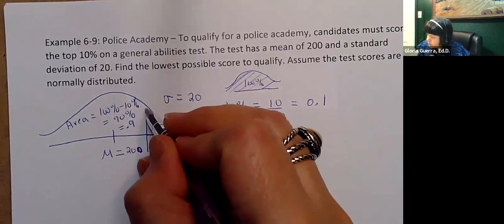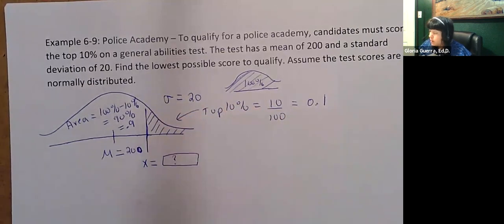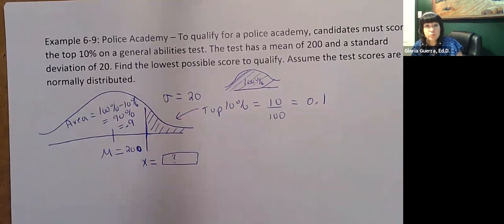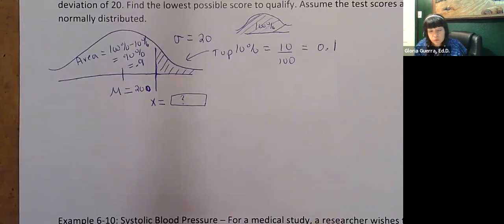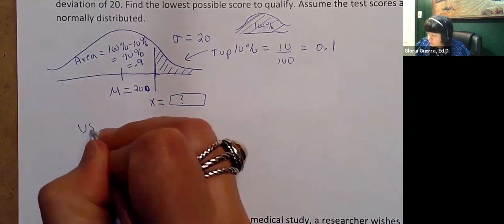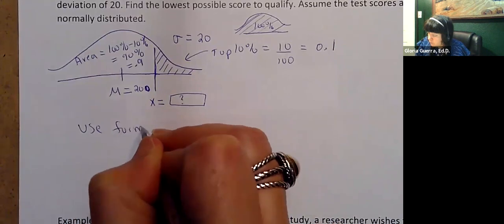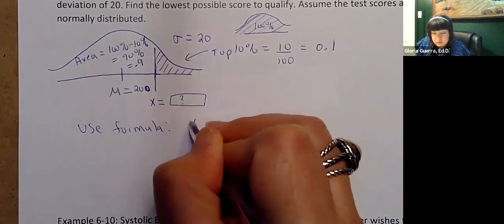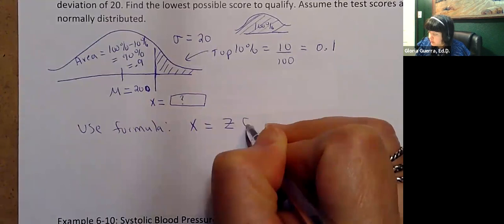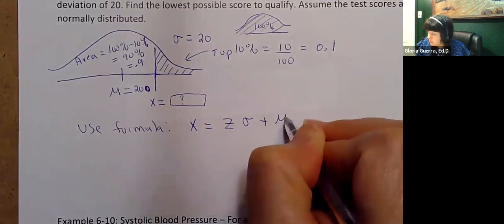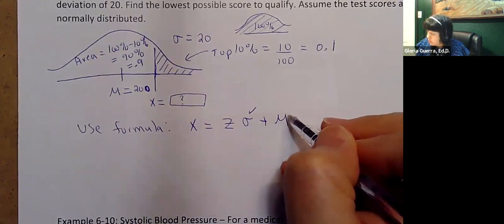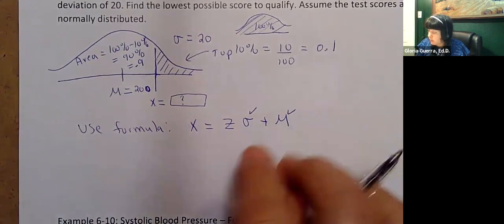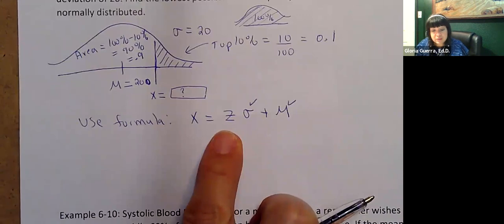To qualify, for them to qualify, assume the test scores are normally distributed. Okay. So we're going to have to use this formula: X is equal to Z times sigma plus mu. And we know sigma is 20 and we know mu is 200, but we don't know what Z is.